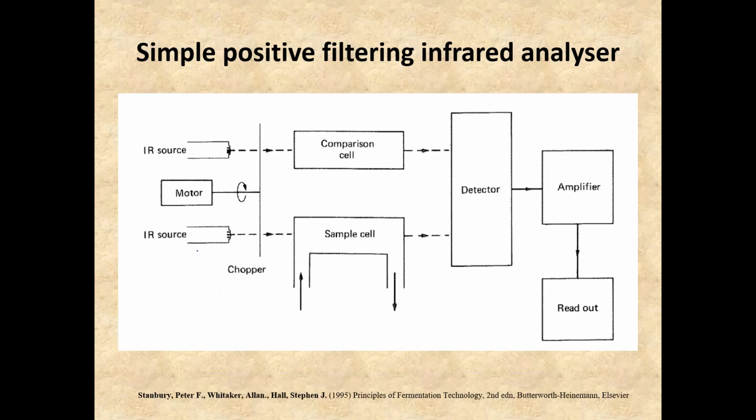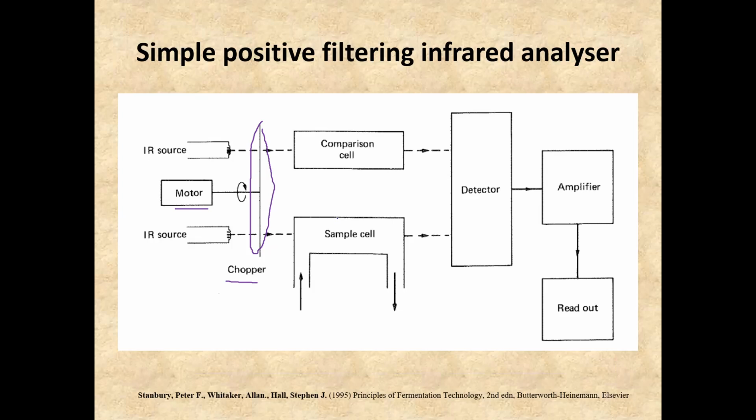So there is an infrared source in this infrared analyzer, and then you can see there's a chopper, which is driven by a motor. This chopper ensures that energy passes through each side of the optical system.